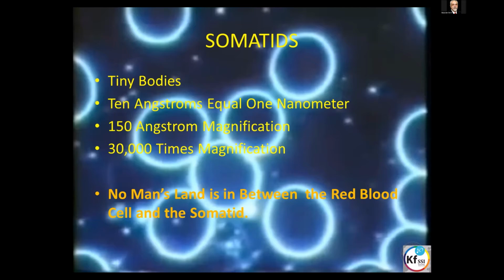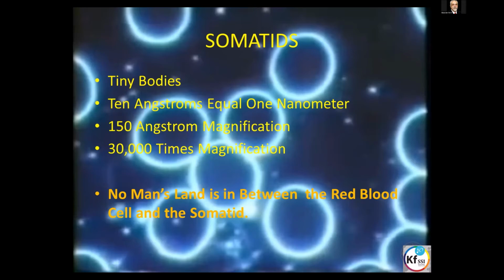And when you look at the blood in living condition, you can see the creation of the somatids, these little dots that are in between these big round circles. And as I said, what's interesting is inside the big round circle, there's nothing there. And in between the big round circles, there's nothing there. And so the somatids are actually floating around in the middle of nothing. But there is a pattern. If you watch this close enough, these somatids move, and they bounce off each other just like magnetic fields.